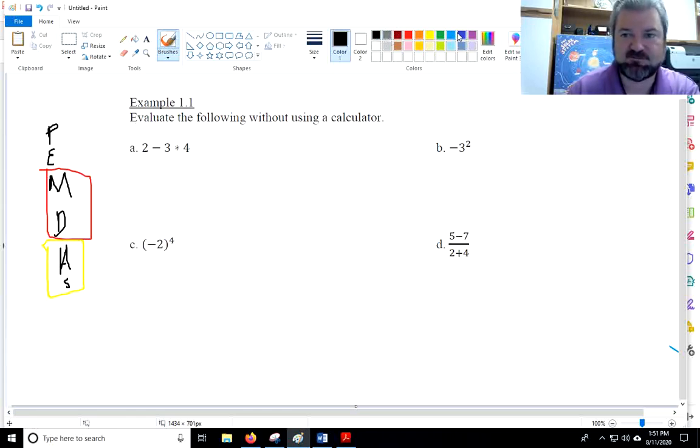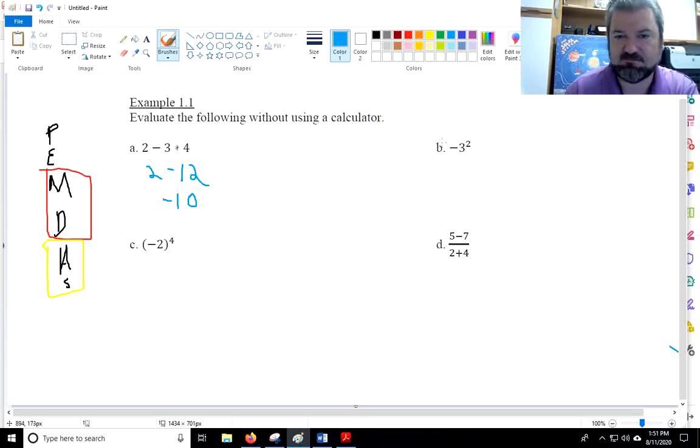All right, let's take a look at this first problem. 2 minus 3 times 4. The order of operations says I need to multiply first and get 2 minus 12. And now I'm subtracting 2 and 12, which is 10, but because the 12 is negative, it's a negative 10. Remember, you take the sign of the bigger number.